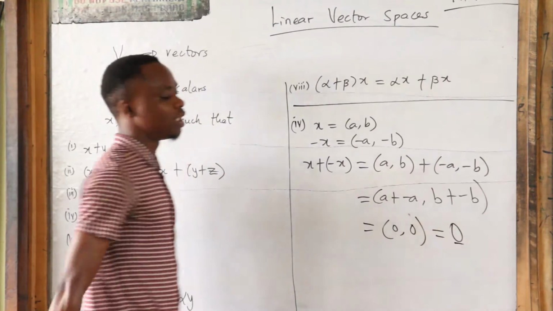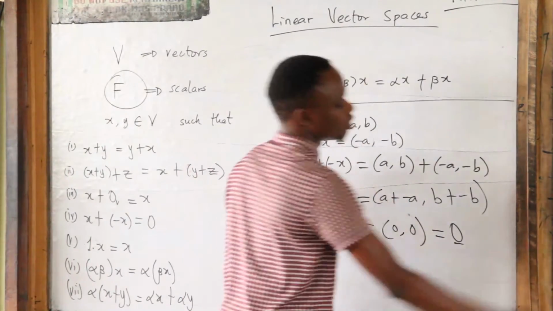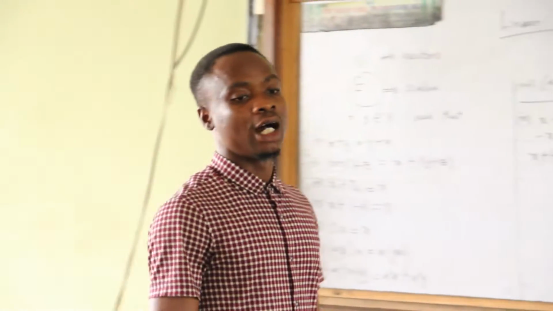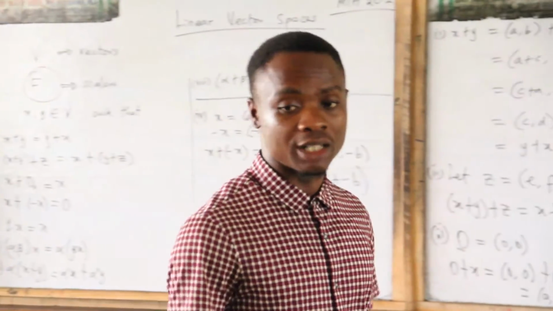So you can put a bar on this 0 element just to suggest that it's a vector. We're dealing with vector spaces, and the elements of the vector space are usually called vectors, even though they may not actually be vectors. You understand that? We call them vectors. They could be matrices, they could be polynomials, and they could be actual numbers, just numbers.